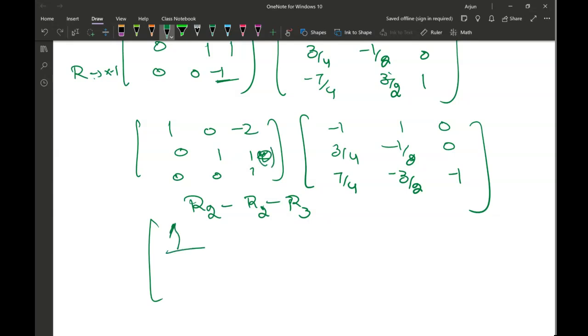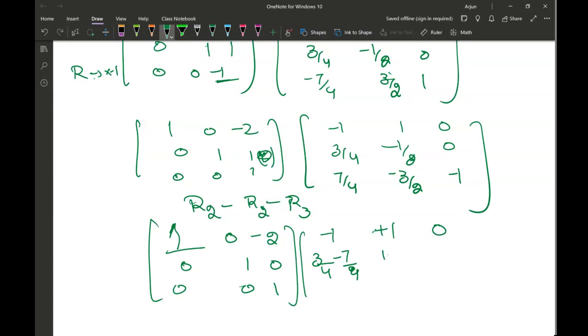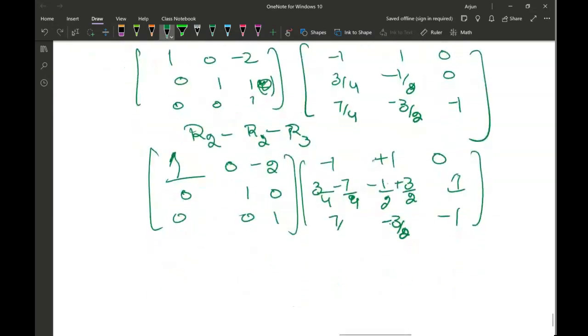So it will become 1 0 minus 2, 0 1 0, 0 0 1, and then here minus 1 plus 1, 0, 3 over 4 minus 7 over 4, minus 1 over 2 plus 3 over 2, 1 here, and then 7 over 4, minus 3 over 2, minus 1.